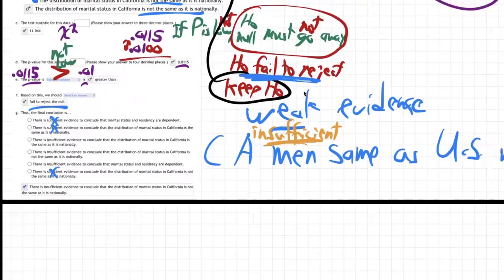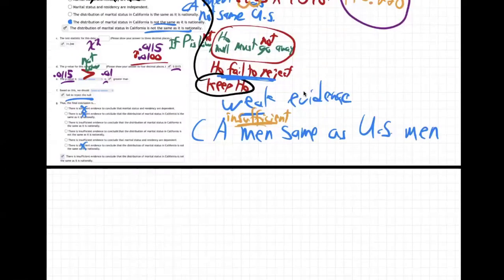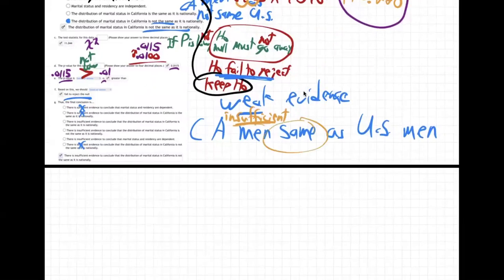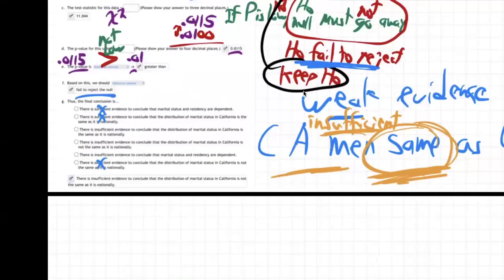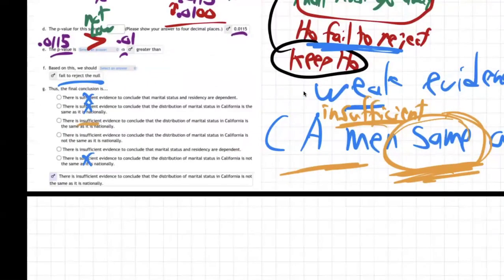Now this is where it gets tricky. Watch this carefully. California men are the same, right? That's where we're clear. California men are the same as men in the U.S. So insufficient evidence to conclude same. I think there it is, same. Insufficient, same. No, watch out.